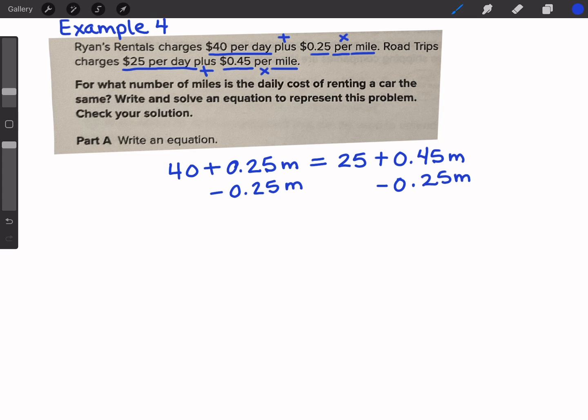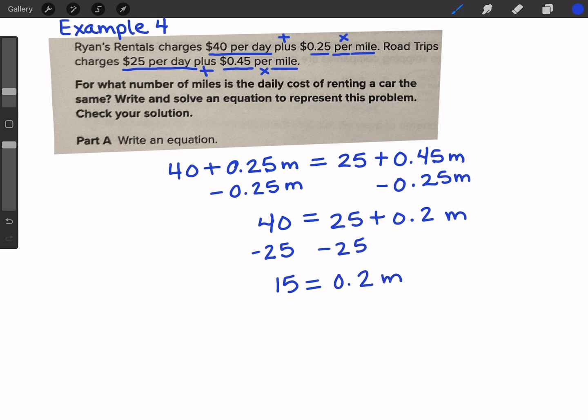That'll leave me with 40 is equal to 25 plus 0.2m. And that just means 0.2 of a dollar per mile. All right, now I'm going to subtract 25 from both sides, and that will leave me with 15 is equal to 0.2m.